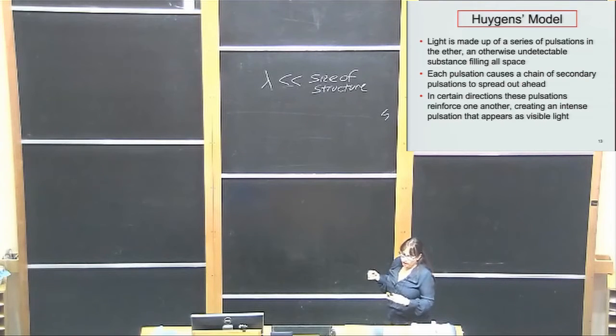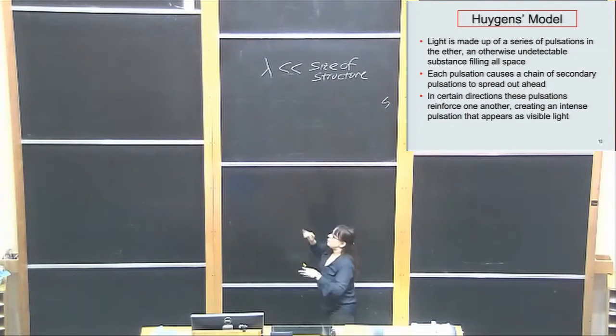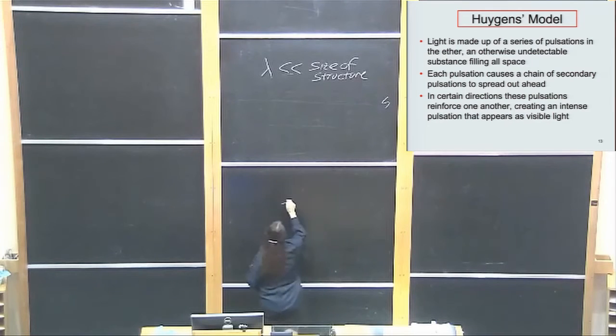So Huygens imagined disturbances in the ether. He thought, right, let's set one of the particles of the ether vibrating, and as it does so, it sets other ones vibrating around it, and they set other ones vibrating around that, and so on and so forth.